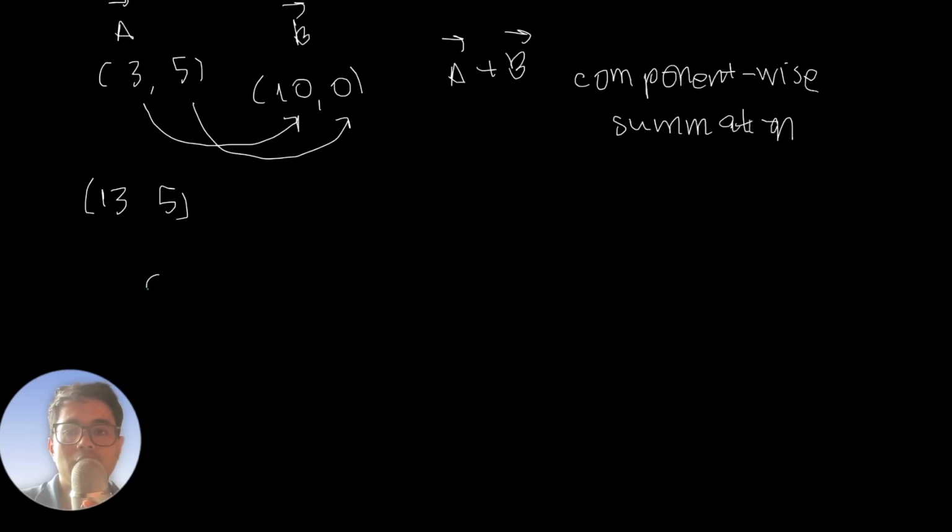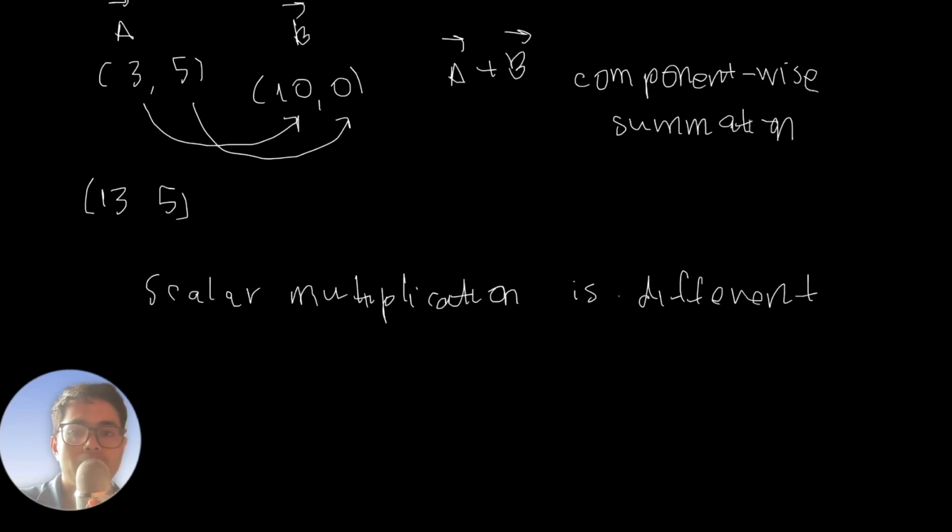Now a scalar multiplication is different from dot product or cross product.